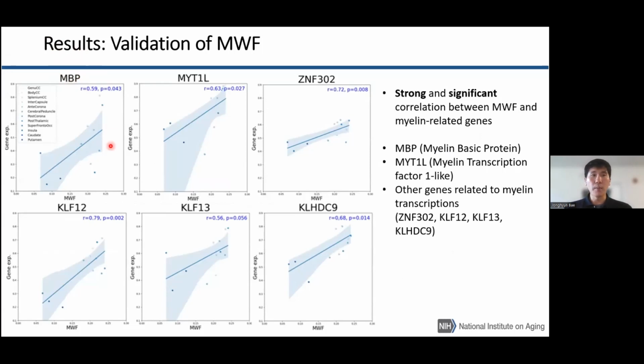We can see the white matter regions exhibiting high myelin water fraction demonstrate high gene expression for this protein, while deep gray matter structures with low myelin fraction show relatively lower gene expression. Other than this gene, we also found several transcription factors that are related to the transcription of myelin, which correlate well with our myelin water fraction measurements.